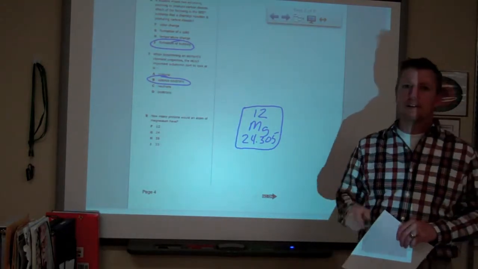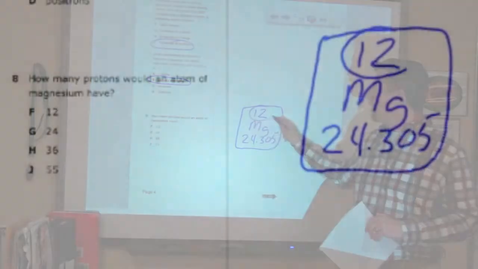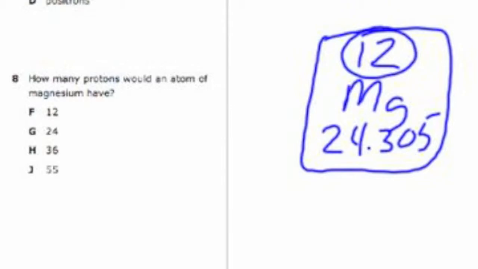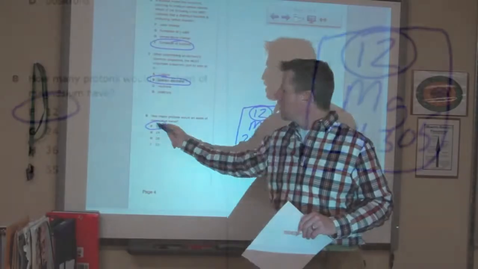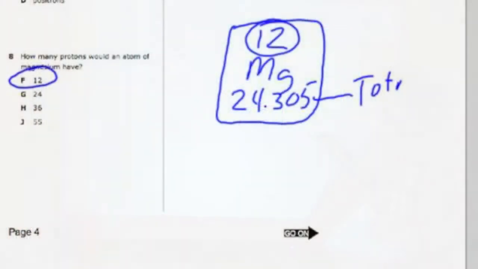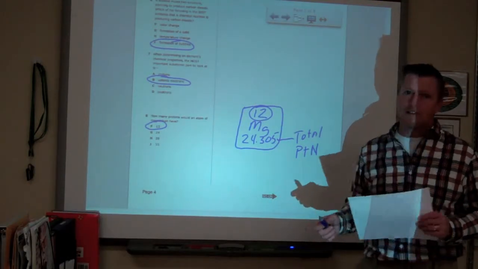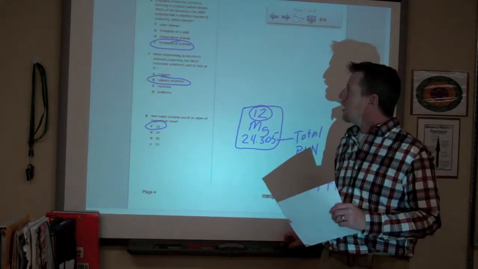The top. The 12. Good. This one right here tells me protons as well as electrons. So that's what I'm looking for. Remember, this other number is a total of protons plus neutrons. So normally we use that number to round and subtract the 12 to get the neutrons. Any questions with that one?